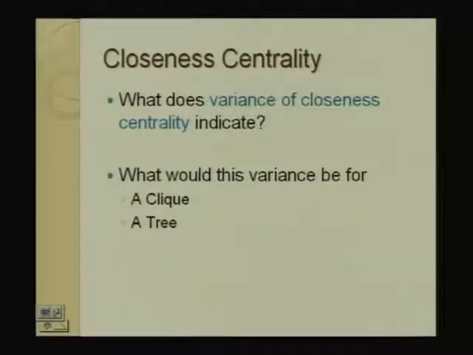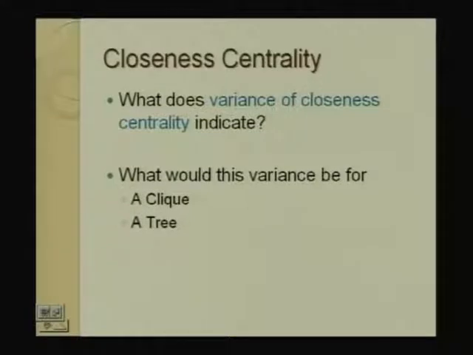Here also you can work it out in detail. The distance of a node from the root of the tree depends on the depth. For all other nodes you have to go up and then come down. So all these distances are bounded, but they vary a lot.